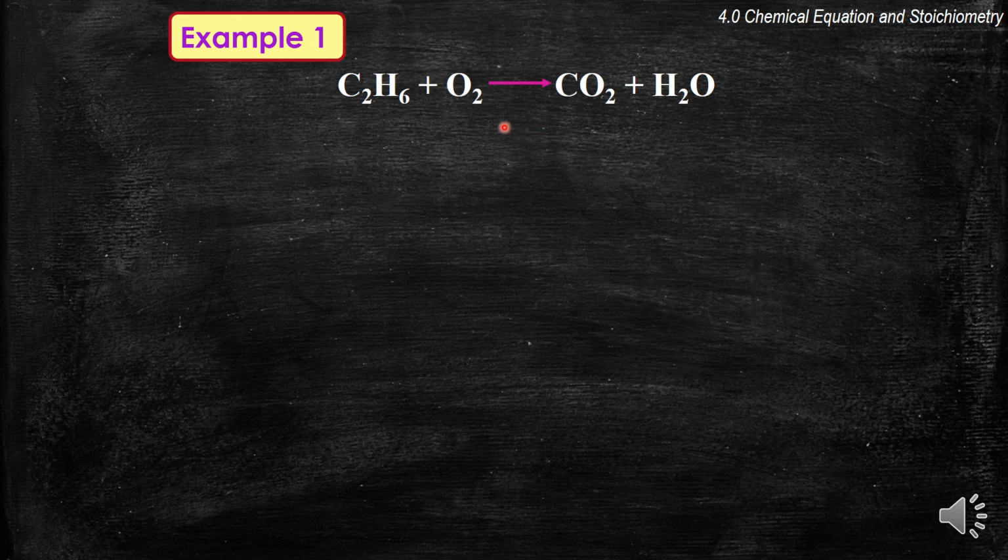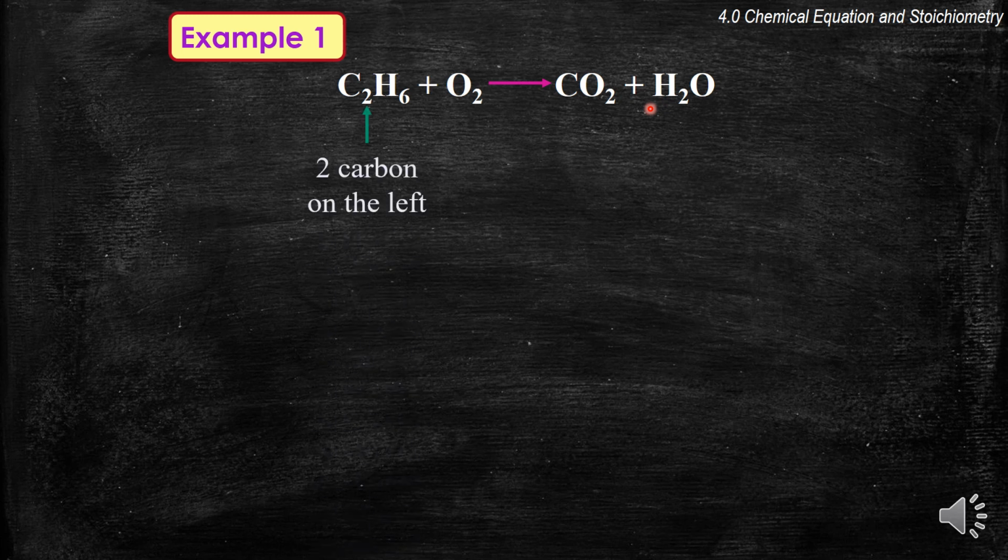We see that the number of atoms is not the same on both sides of the equation for any of the elements, carbon, hydrogen, and oxygen. In addition, carbon and hydrogen appear only once on each side of the equation. Oxygen appears in two compounds on the right side, carbon dioxide and H2O.